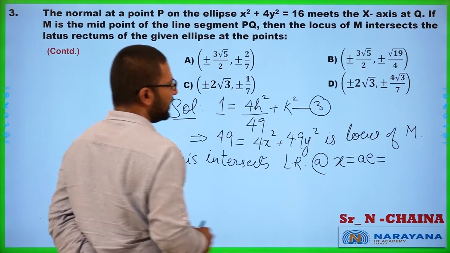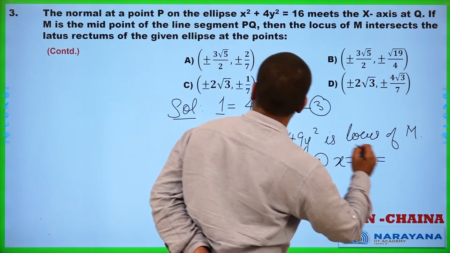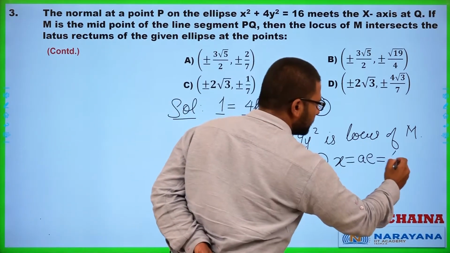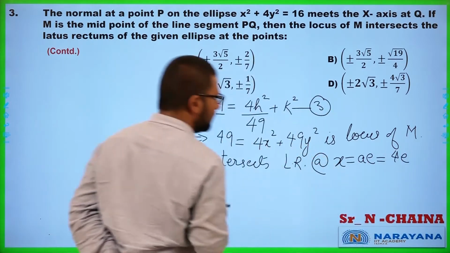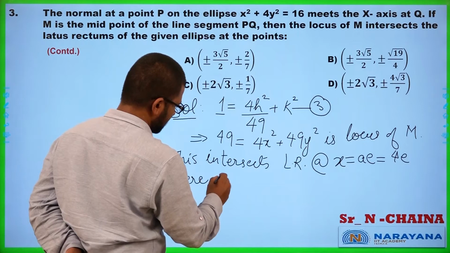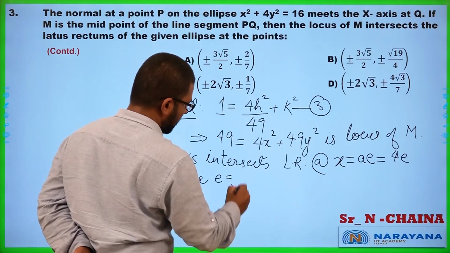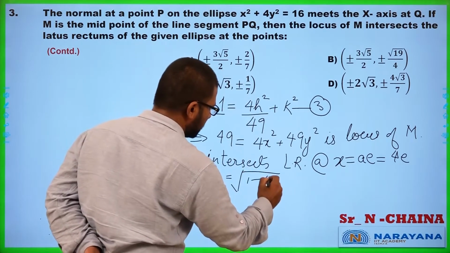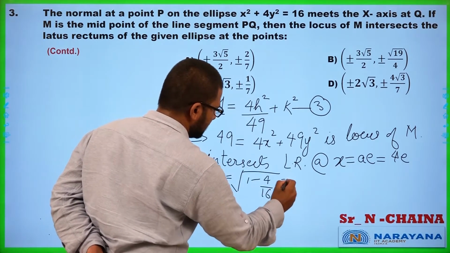What is the value of A? 2, right? What the value of A is 4 into E, correct? But we don't know E. So where E is root of 1 minus B square by A square. B square is 4, A square is 16.